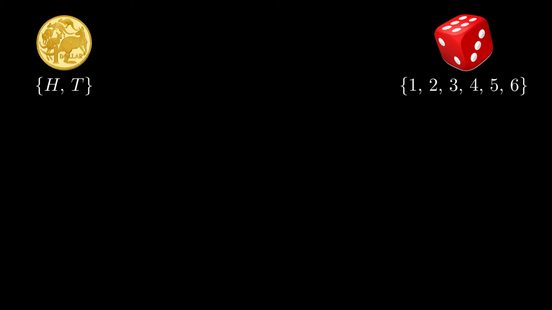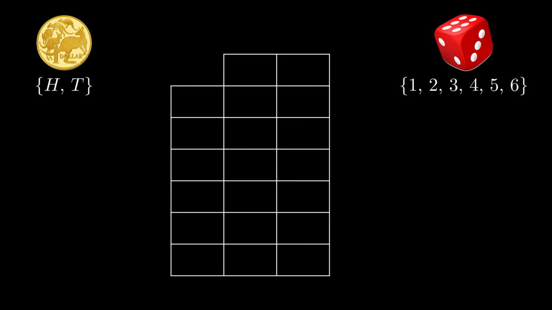All right. You can't just add them together, right? Because something else is going to happen. Now, the way we visualize all of the possibilities, there's two ways of doing this. We can use a table where one dimension holds the outcomes for one of those experiments. Say the coin, heads and tails, can go there. And the other dimension would hold the possibilities for the other experiment, like the die, that can go there.